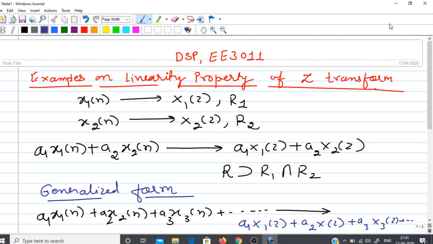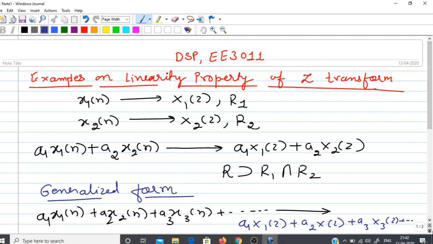So this confirms the fact that the ROC of the linear combination may sometimes be greater than the common region, and in fact I explained when it would be more: when there is some pole zero cancellation. In that case, the ROC of the linear combination would be more than the intersection of their individual ROCs.